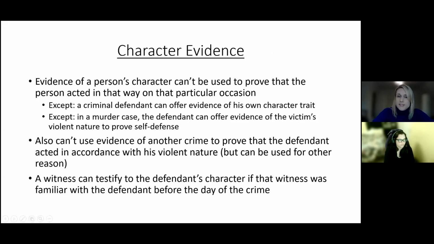So like I just said, the fact that he volunteers with puppies and donates to charity is improper character evidence, because it cannot tell us whether or not he was there and committed the murder on that day. Well, we're not in a criminal case, but an example of this is you can't use evidence of a prior bad act to show that they did a bad act on this occasion.